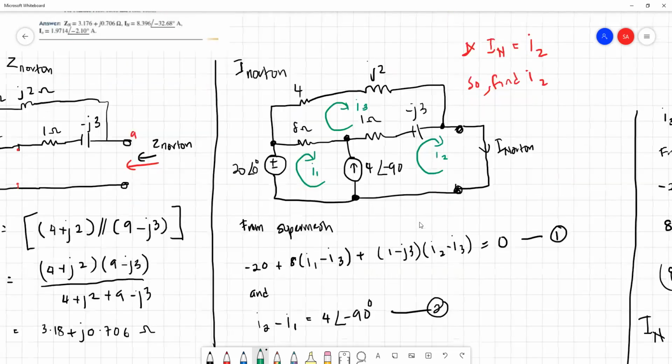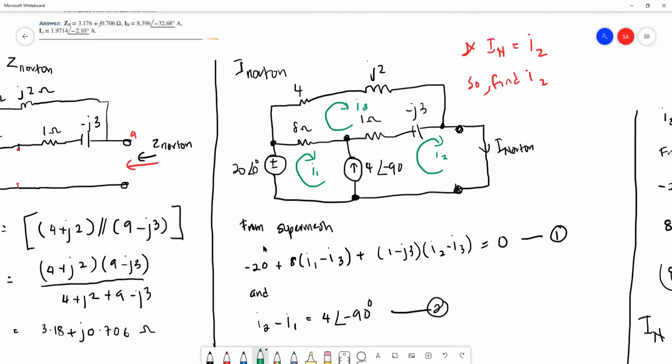From the super mesh, I start from here. Negative 20 plus I1 minus I3, because there's current I3 here, plus the impedance 1 minus J3 multiplied with the current I2 minus I3, equal to 0.